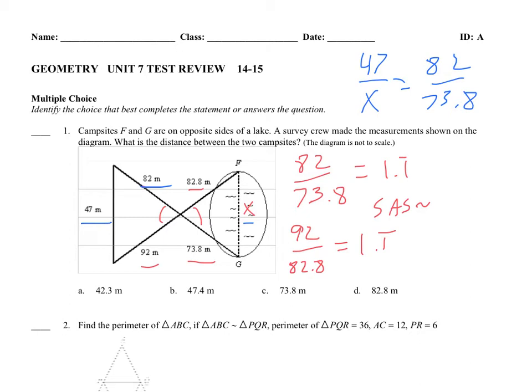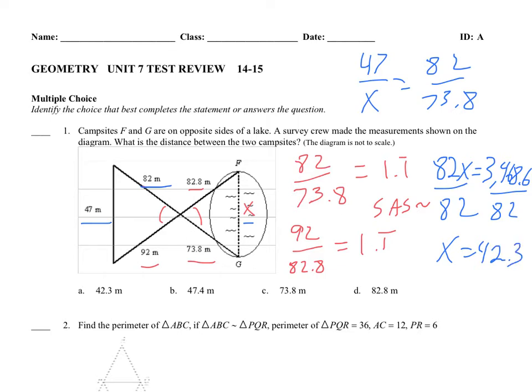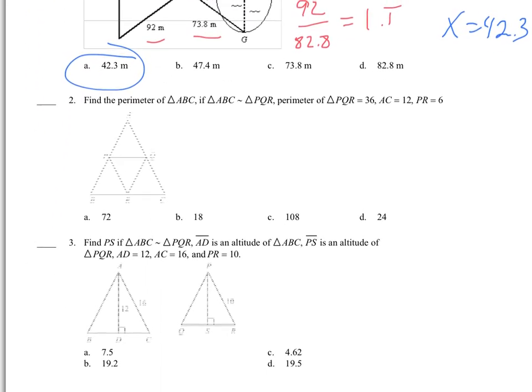When we cross multiply, we get 82x equals 3,468.6. Divide by 82, and we get x equals 42.3, which is A. Okay, moving on to number 2.